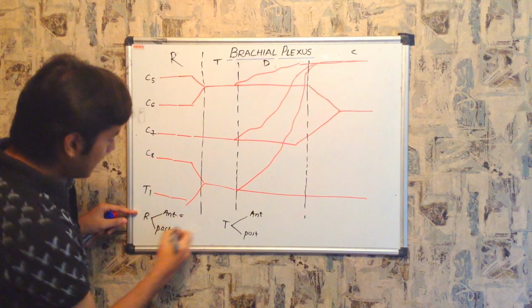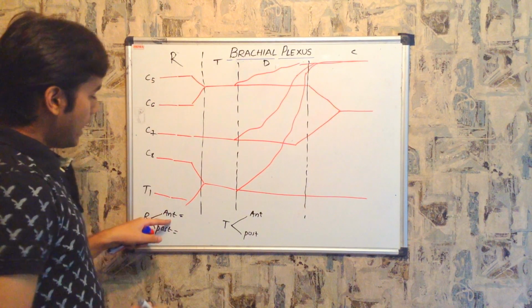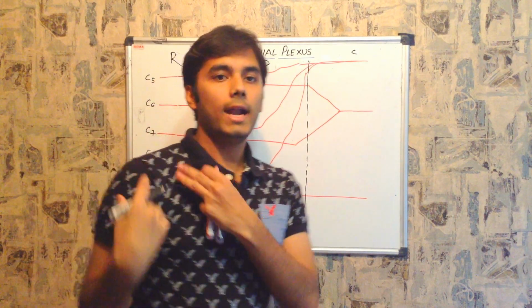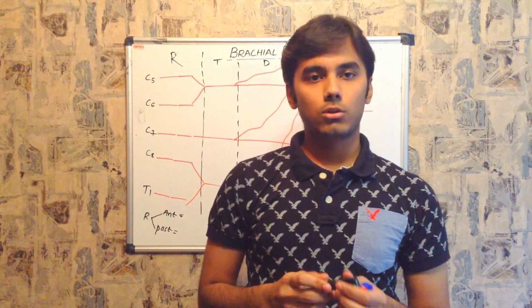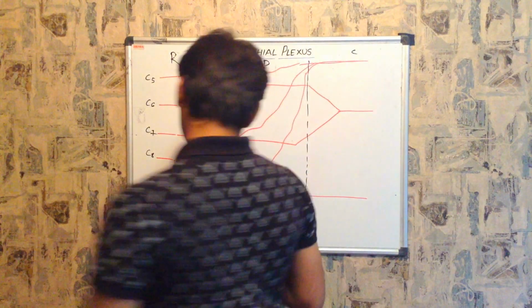So what are the anterior branches of the roots and what are the posterior branches of the roots? Anterior branches pass anteriorly, posterior branches pass posteriorly. So anteriorly, one is the nerve of Bell, which we also call the nerve to the serratus anterior muscle.